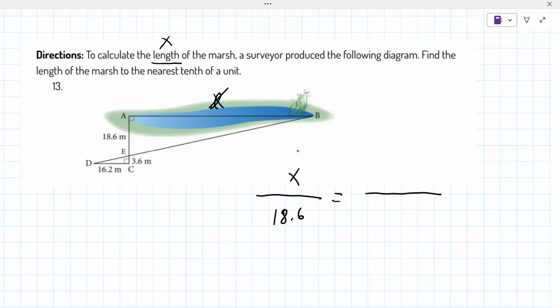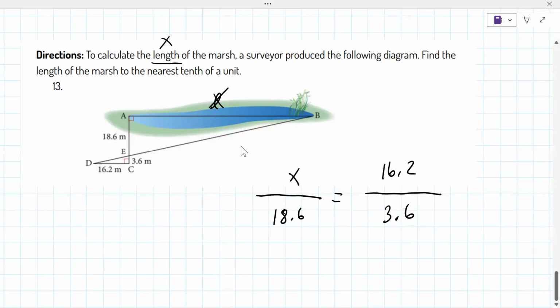Right. So here's what you're saying. X is the longer leg, and that's the shorter leg. So match that up over here on the right. All right, so then it would be 16.2 over 3.6. Good.